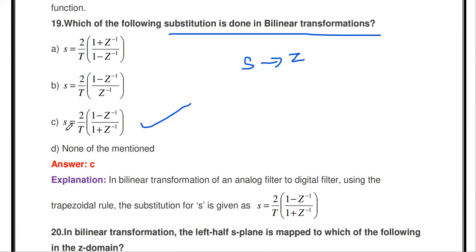If you substitute the variable s by this in the H of s expression, we will get the corresponding digital filter. This relation is called the bilinear transformation relation: s is replaced by 2 by T (1 minus z inverse) by (1 plus z inverse).